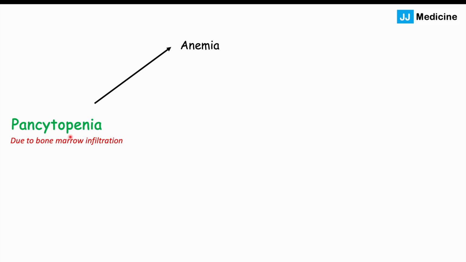And we can also see issues with pancytopenia. Pancytopenia is going to occur in infantile osteopetrosis due to bone marrow infiltration. Again, the bone starts to grow in and impinge on the bone marrow. This is going to lead to issues with bone marrow functioning, and the bone marrow is responsible for making red blood cells, and this can then lead to issues with red blood cell production, leading to anemia, or low red blood cell levels.